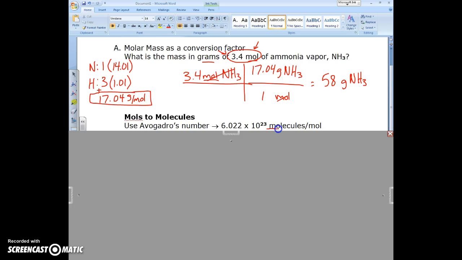And I told you we would see it again, and it's actually representative particles per mole. So that means it could be atoms, it could be molecules, it could be ions, it could be formula units. We're going to use it for this class as molecules per mole for this section. So anytime you see the word molecule anywhere in a problem, you are going to have to use Avogadro's number, and that's going to be our key indicator there.